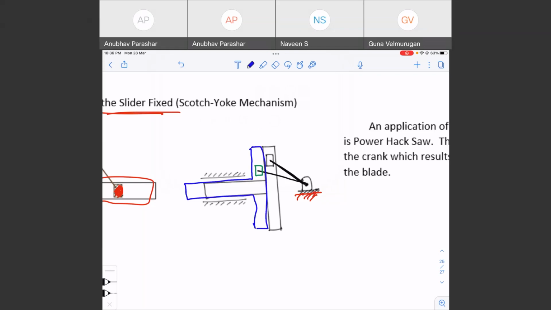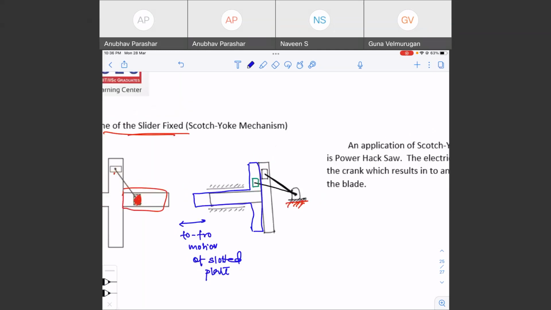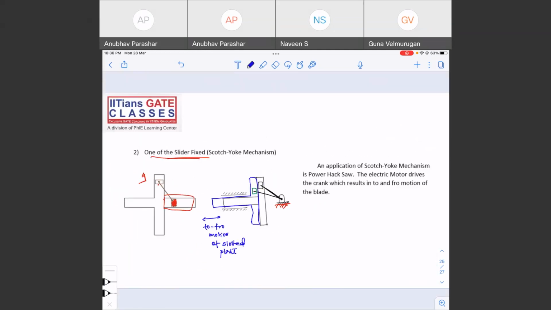Because the length of the connecting rod is fixed, the slotted plate will move a little bit forward. This way the slotted plate will keep moving to and fro.